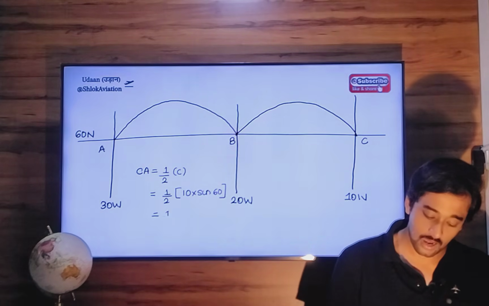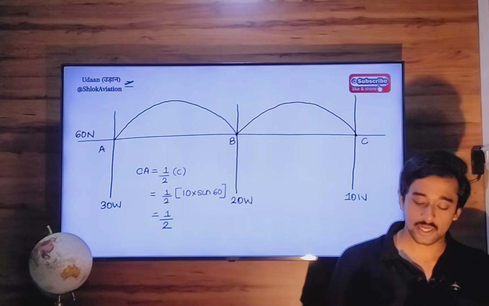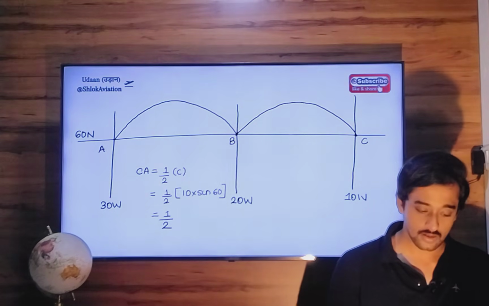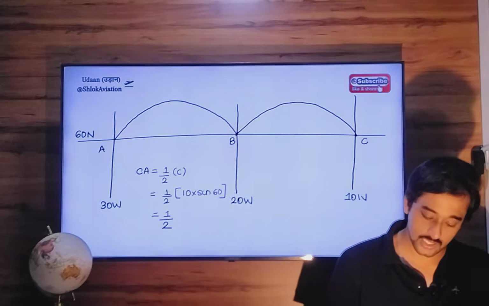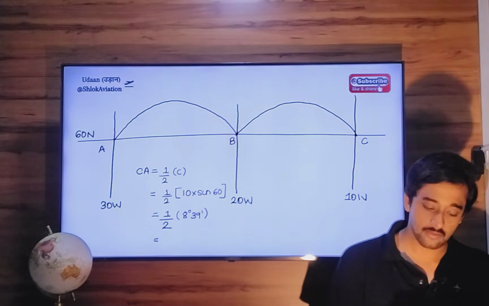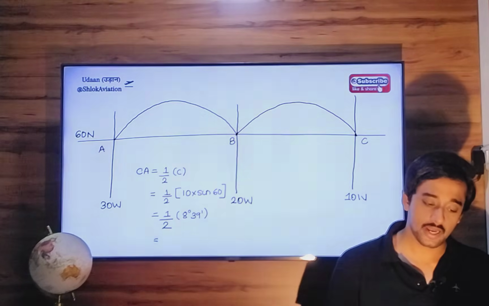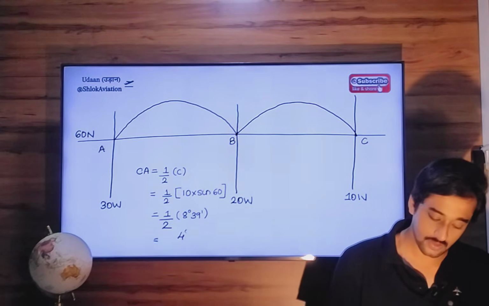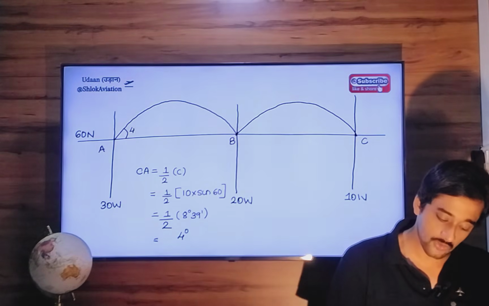So that is equal to half of sine 60 into 10. That is 8 degrees 39 minutes. So divide by 2: 4 degrees 19 minutes, or approximately 4 degrees. So convergency angle is 4 degrees.